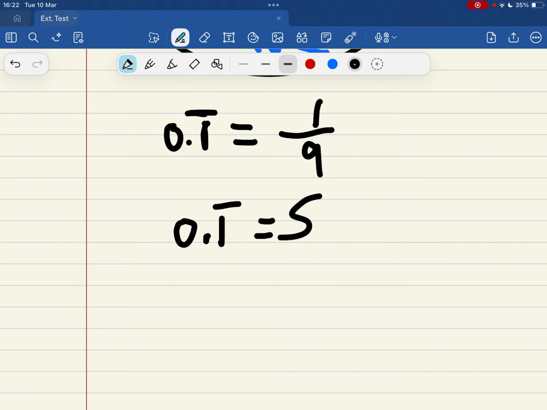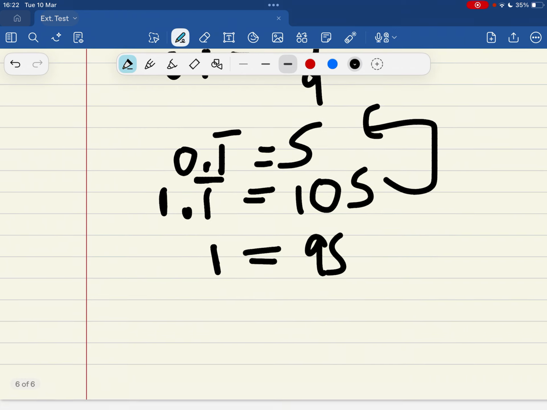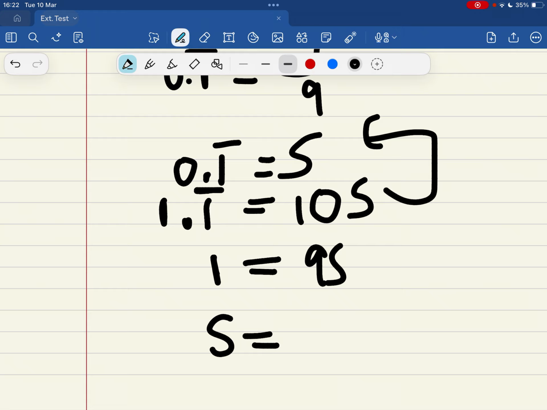That should be fair. Multiplying both sides by 10, we have 10s is equal to 1.1 repeated. Subtracting these two, we have 9s is equal to 1. Hence, s is equal to 1 over 9.